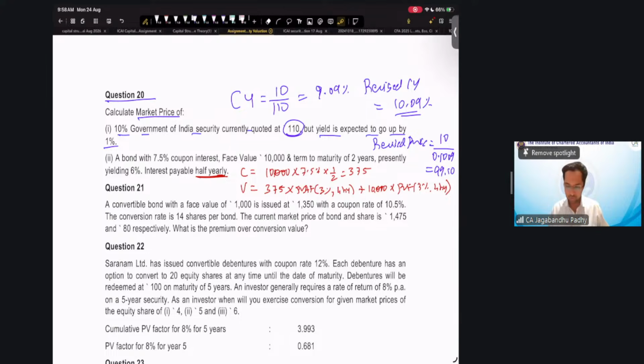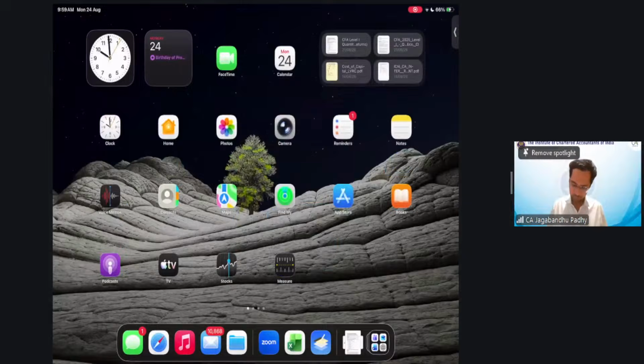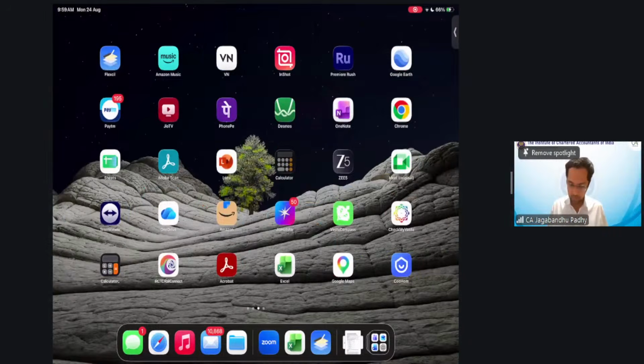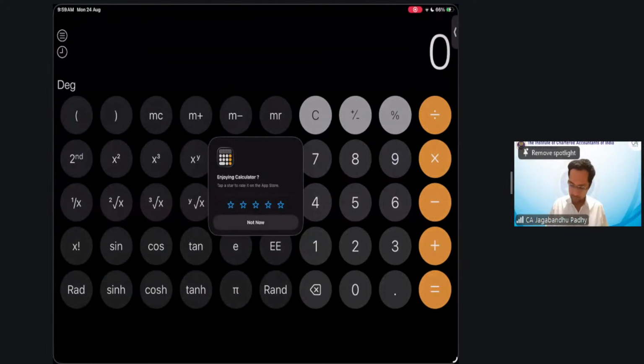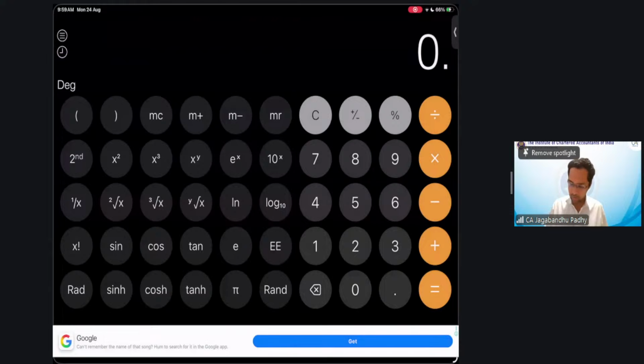This should be equal to... one second. So the annuity factor will be 1 divided by 1.03.